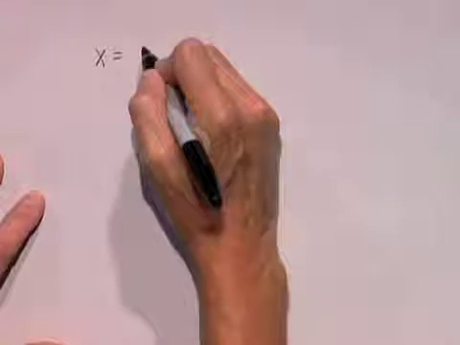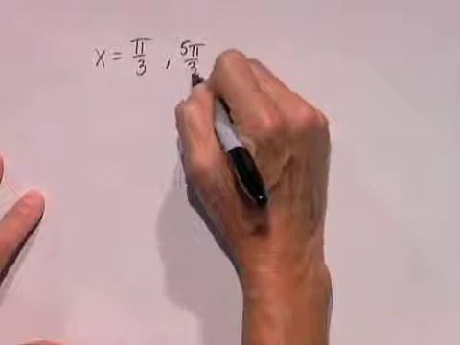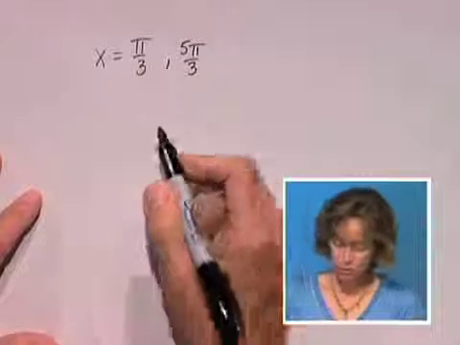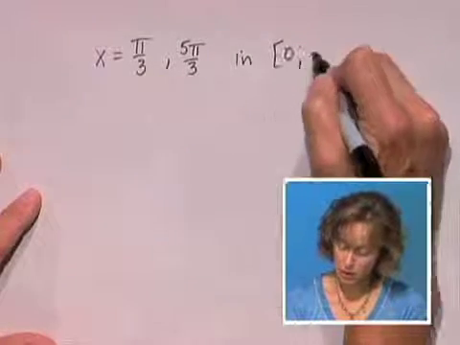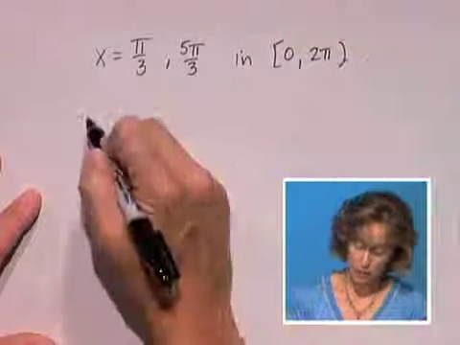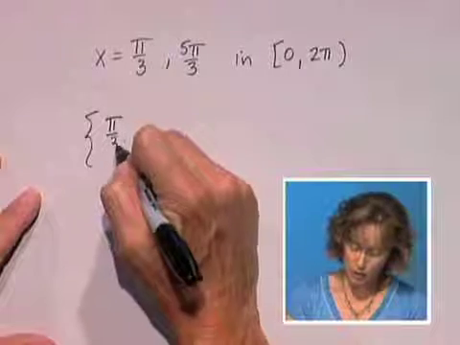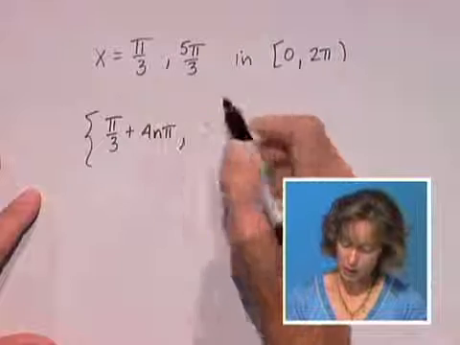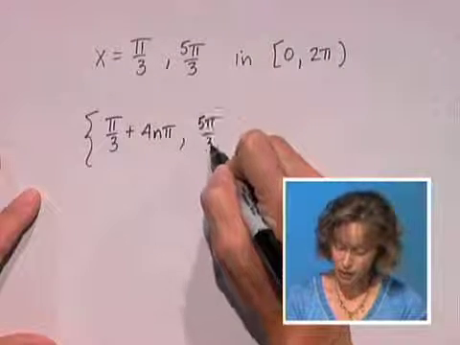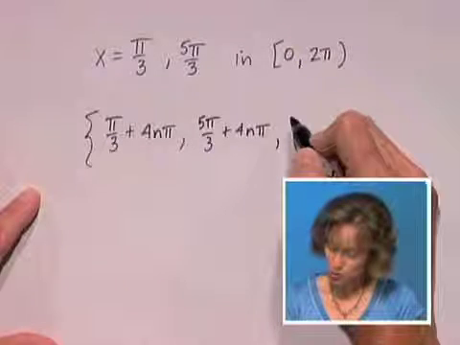So let's summarize what we found so far. We found x is pi over 3 as well as 5 pi over 3, but I want to list all solutions as well. So these are the solutions in the interval 0 to 2 pi. To list all solutions, I would list pi over 3 plus 4n pi, as well as 5 pi over 3 plus 4n pi, where n is an integer.